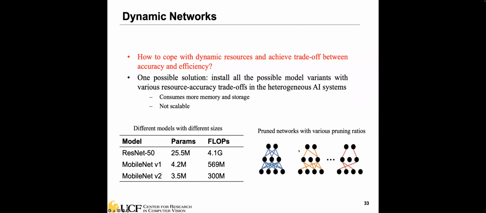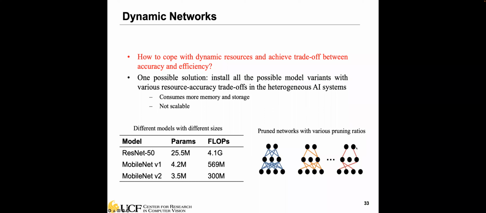For pruning, we can do the same. We can prune the model at different pruning ratios. For example, here we were using different architectures with different levels of model complexity. Let's say you just want to deploy a single model. We can prune the ResNet 50, the full model, at different pruning ratios, maybe 80%, 90%, 60%.